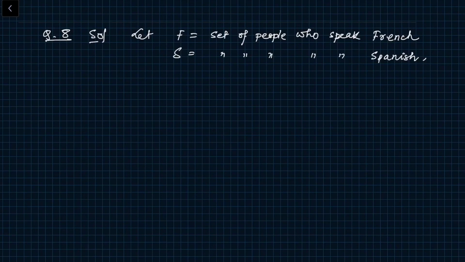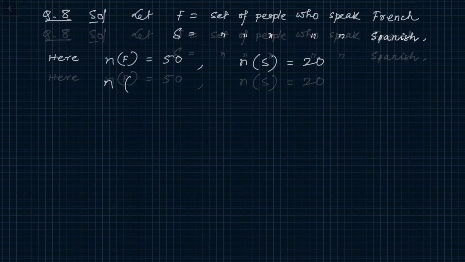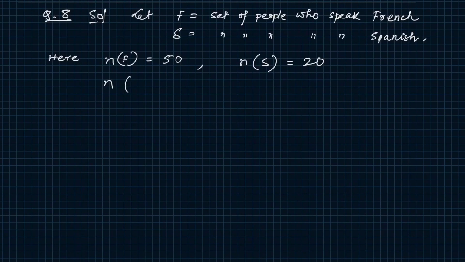Here, the number of elements in set F is 50, the number of elements in set S is 20, and 10 speak both Spanish and French, so the number of elements in F intersection S is 10.